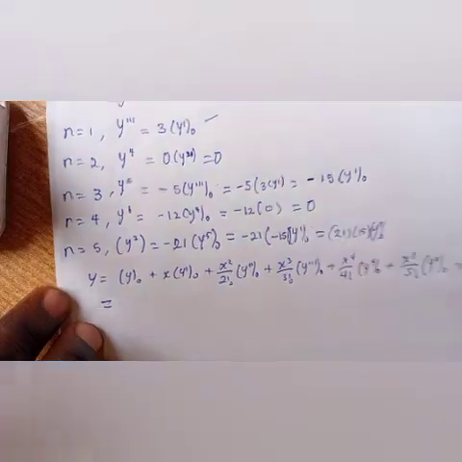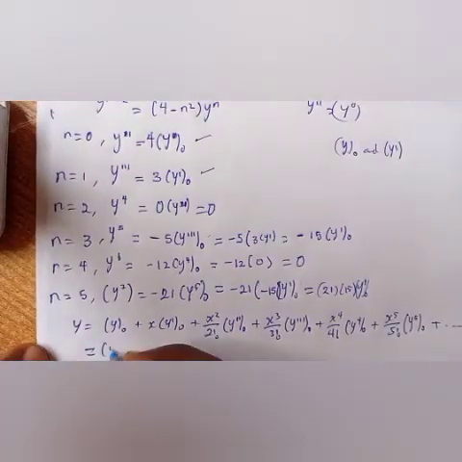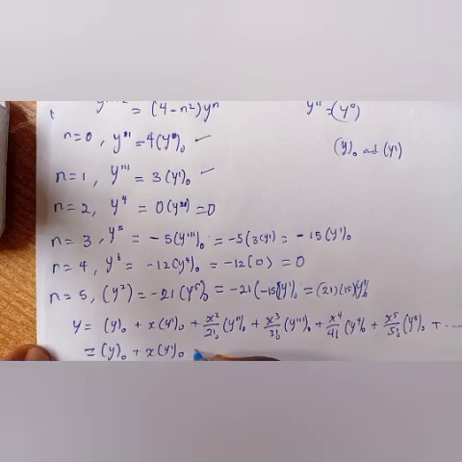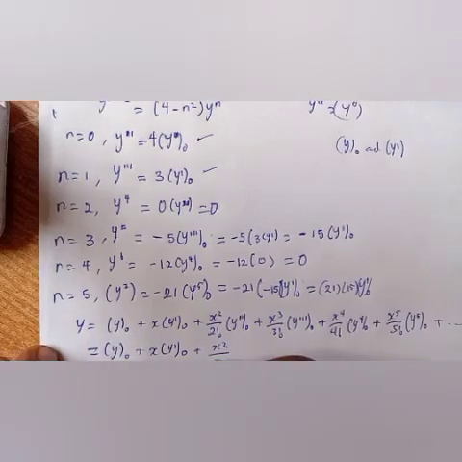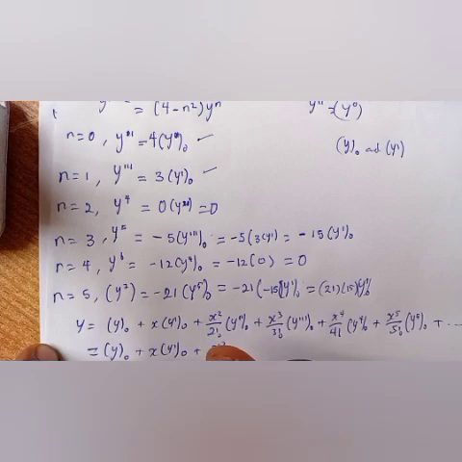So if I do the input now, I will have y0 plus x y1(0) plus x squared over 2 factorial, which is the same thing as 2.